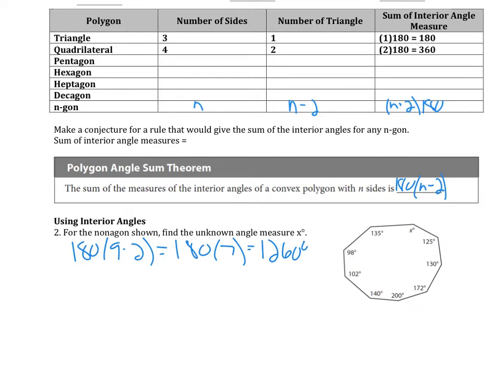So we know that is the total of the sum of all those interior angles. And then what we're going to do is subtract all of those. So what I'm going to do is add those up first. So then we get 135 plus 98 plus 102 and so on. And so once those are all added up, we come up with 1,002 degrees that are in there, and then that x.